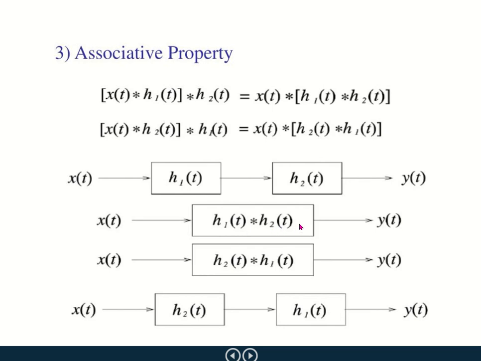And likewise, since the associative property holds, y can be written in another fashion, with h2 convolved with h1. If you feed x, you get again the same signal y, and this can be broken to be written as h2 on the left side and h1 on the right side, and this is what the second term is showing. So you have all these four terms equal.